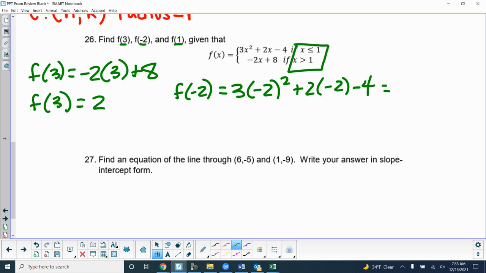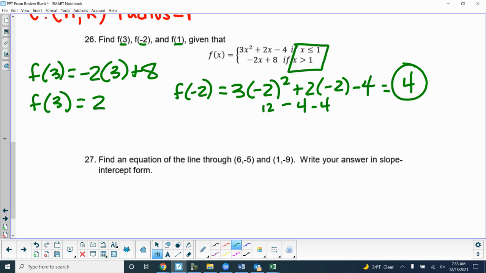All right? Negative 2 squared is positive 4 times 3 is 12. 2 times negative 2 is negative 4. So 12 minus 4 is 8 minus 4 is 4. So f of -2 is 4. And then the third one is f of 1. Does 1 fit in the top inequality or the bottom inequality?